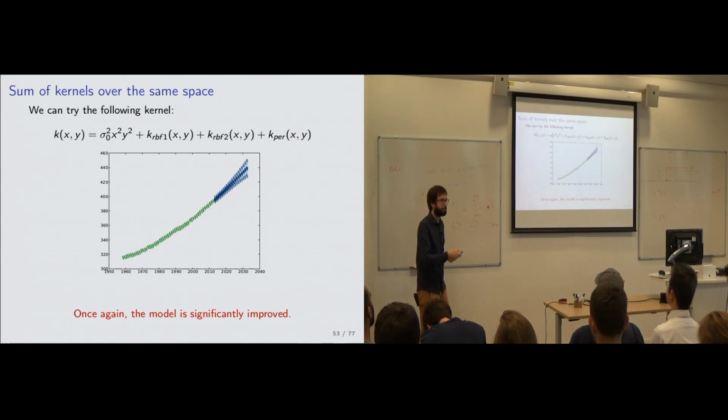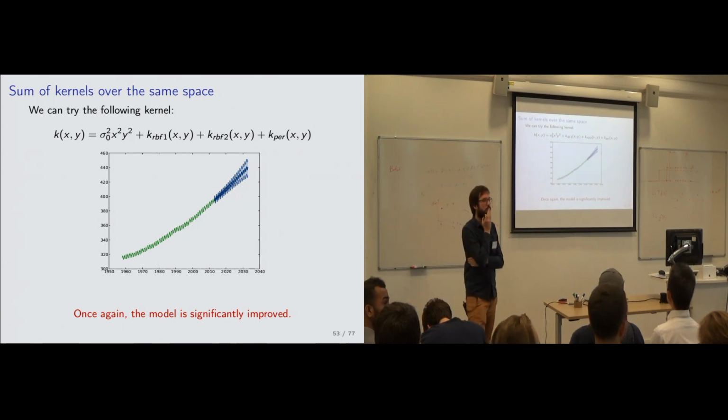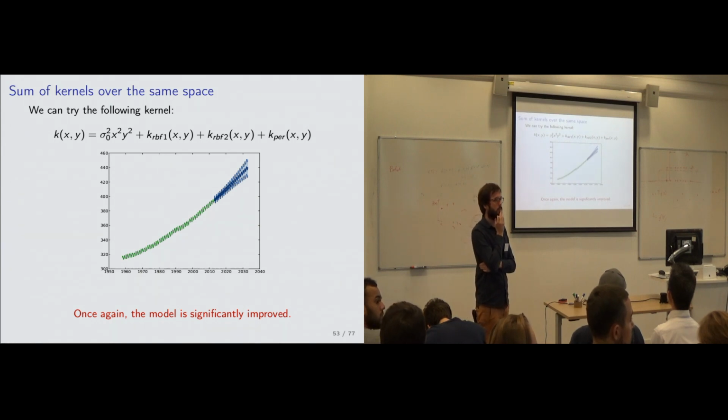Right? Yes? You can also combine two stationary kernels to produce a non-stationary kernel. So if you sum two stationary covariances, you will still end up with something that is stationary.